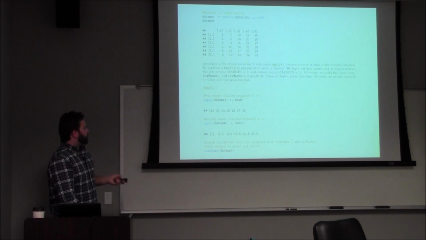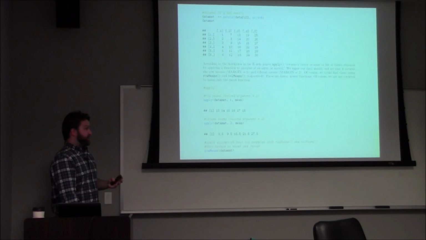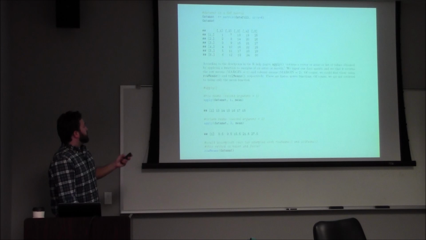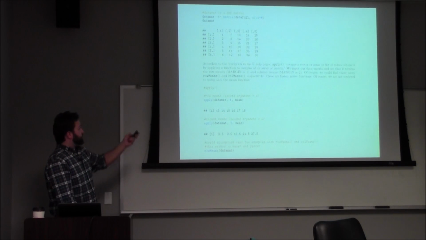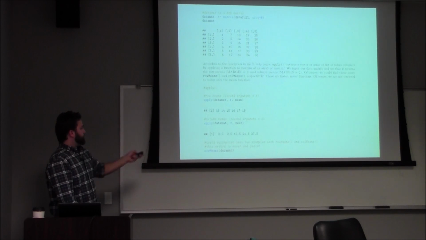If we ask it for a 2 instead, what does that do? That means it's going to operate on the columns now. So you see that we're only reporting 5 numbers this time instead of 6. Why is that? Because we have 5 columns, right? So we've acted on the columns, and what we've done is taken an average down each one of the 5 columns.